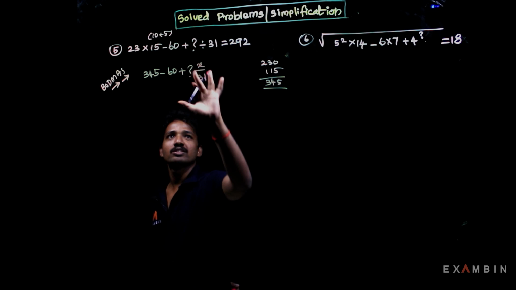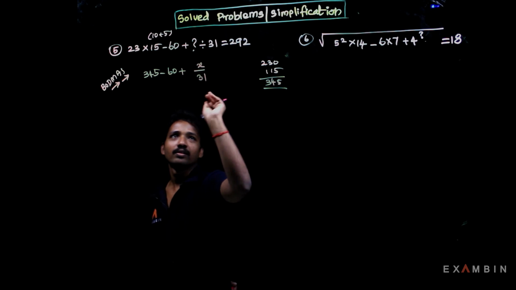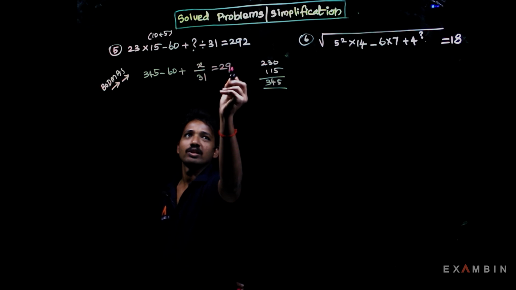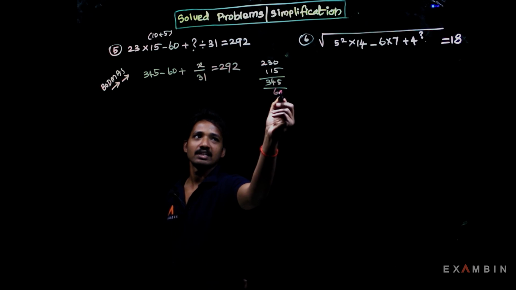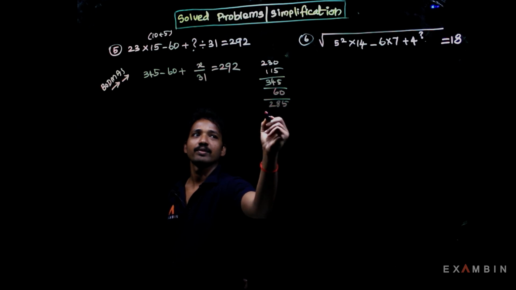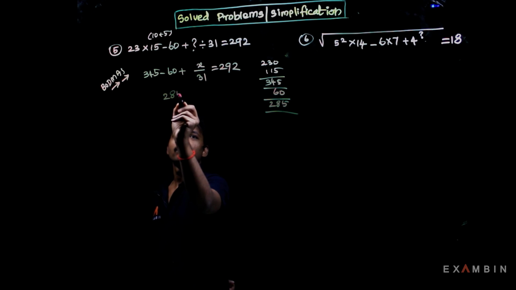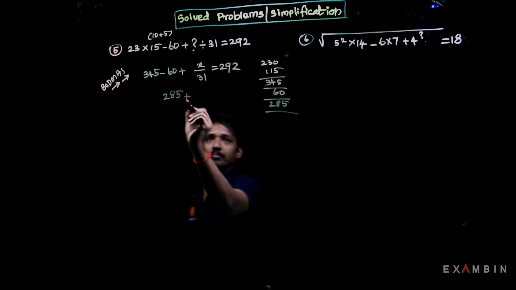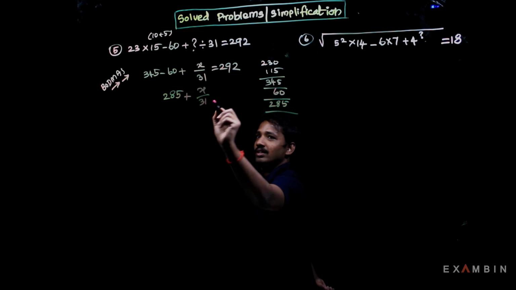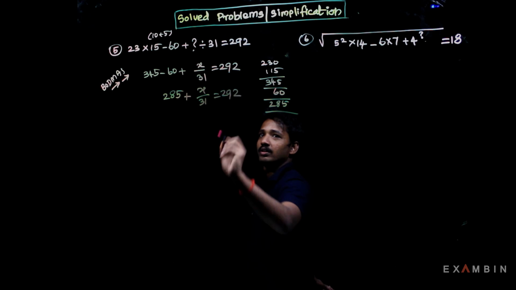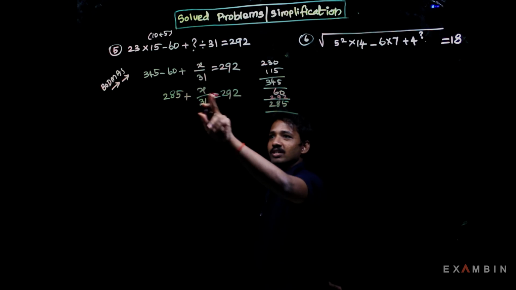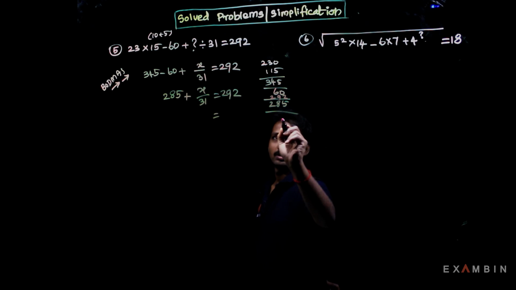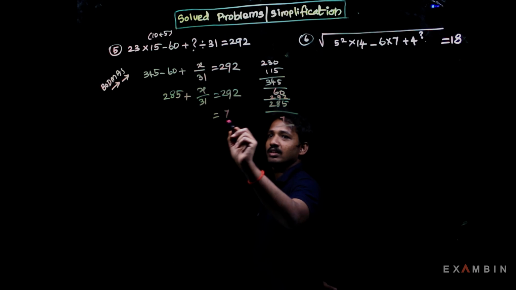So I am removing this question mark. What is the value of 345 minus 60? You get 285, plus x by 31 is equal to 292. Again, 292 minus 285 will be 92 minus 85, 7. So 7.